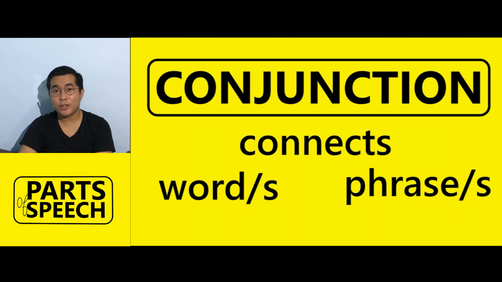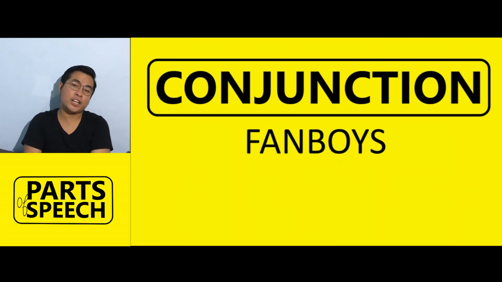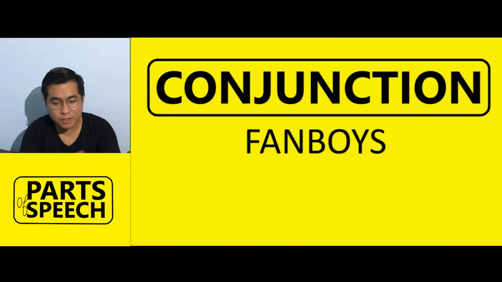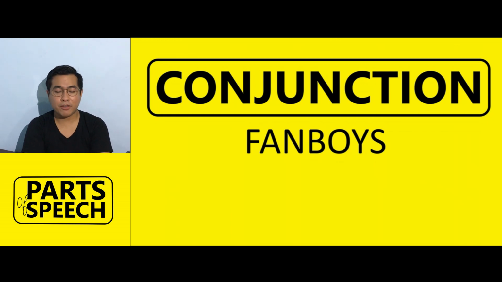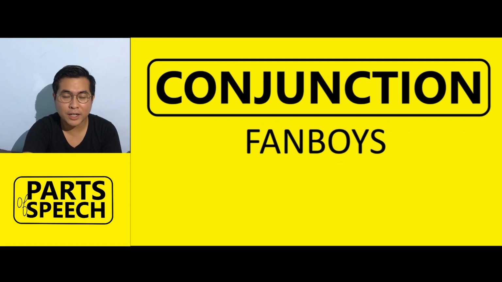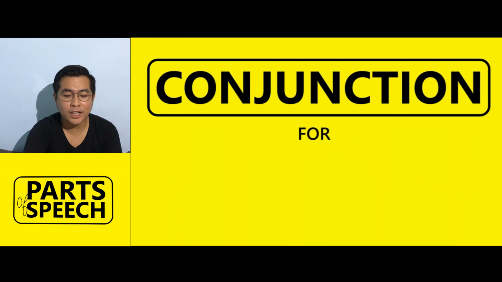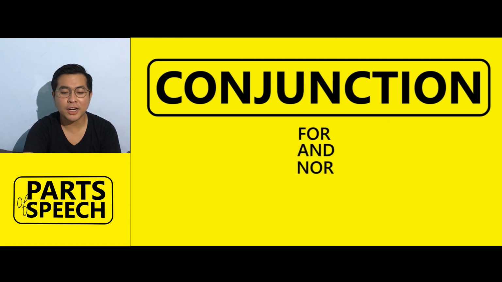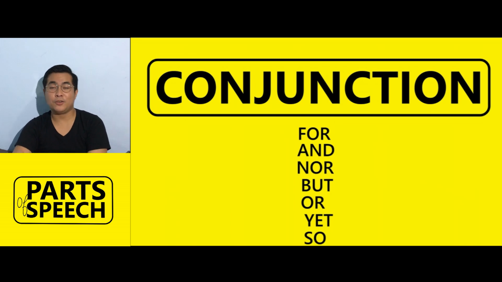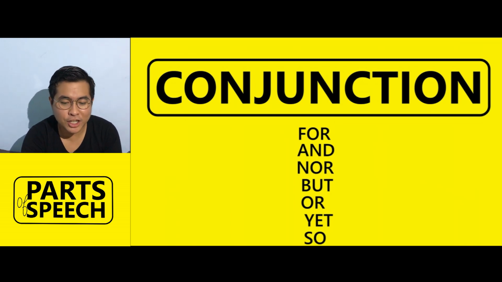One example of a conjunction, because there are coordinating and subordinating conjunctions. In the future video for conjunction, we will learn about them. But for now, we will just talk about the FANBOYS to remember your conjunction. So they are for, and, nor, but, or, yet, and so. Okay? So that's your conjunction.